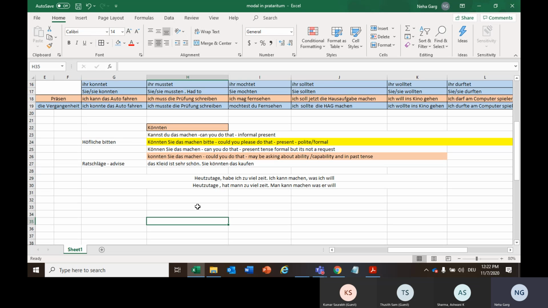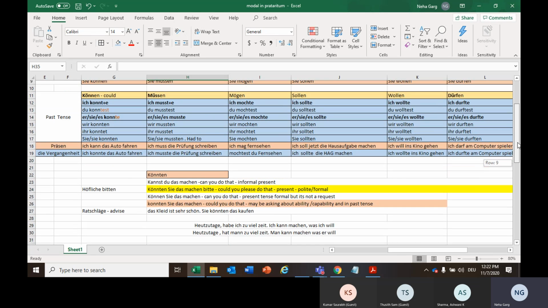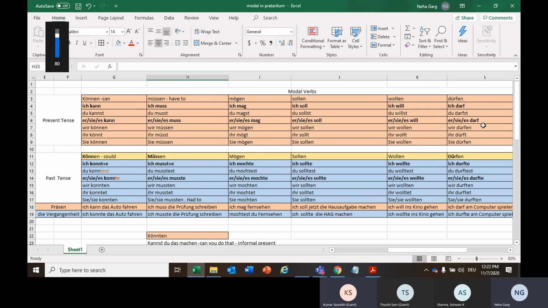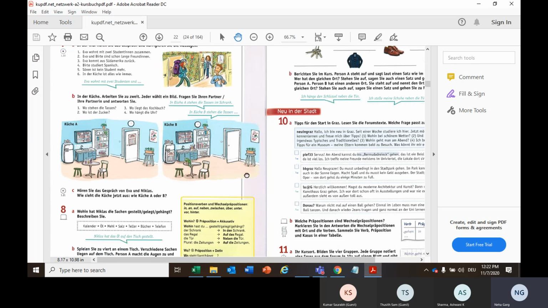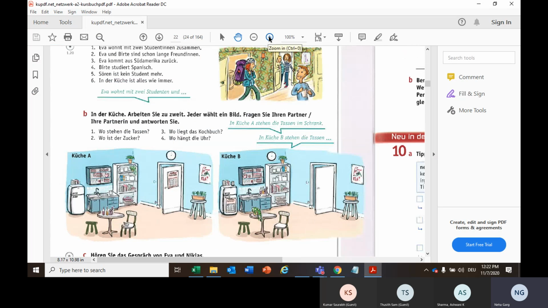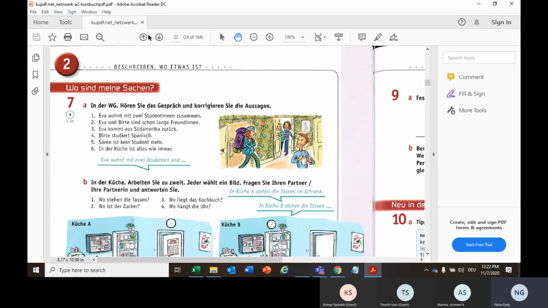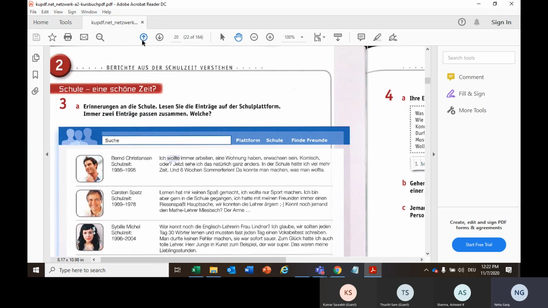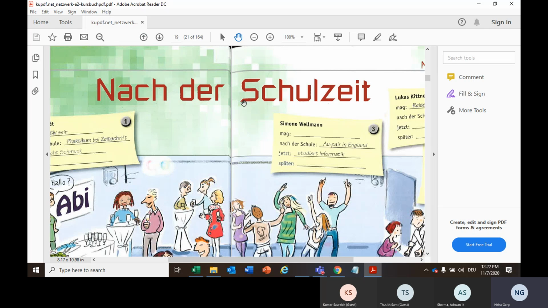Okay. Now let's read some exercise material from the book where a lot of modal verbs in Präteritum have been used, and then we will do some practice exercises. So this is the second chapter from this book, Nach der Schulzeit, after the school time.